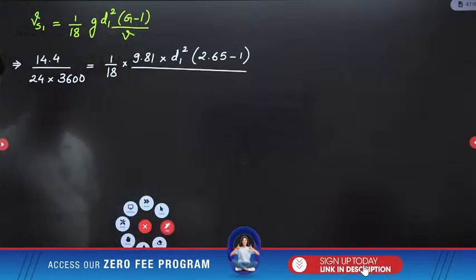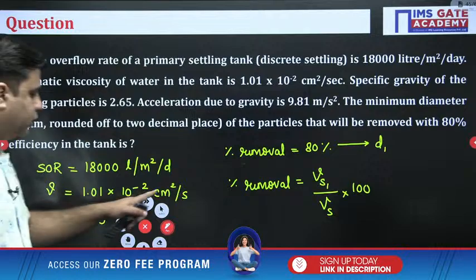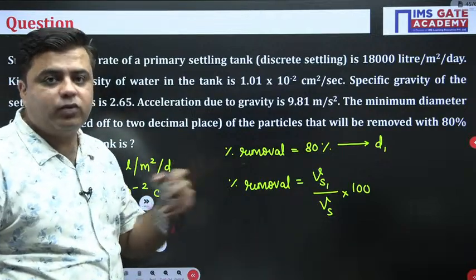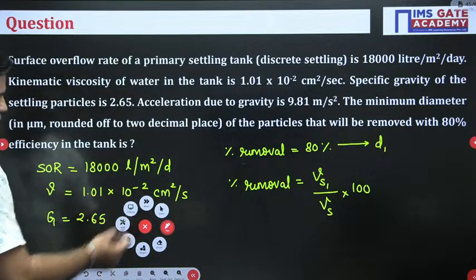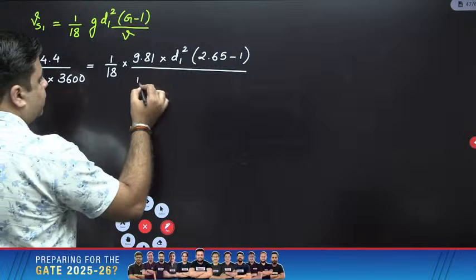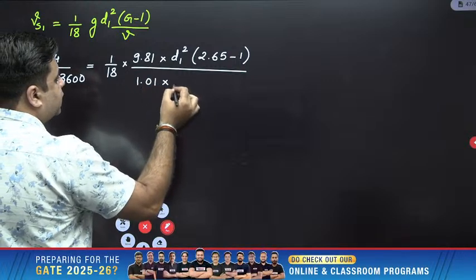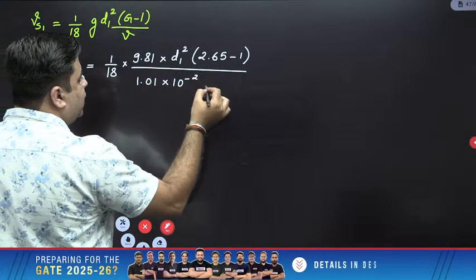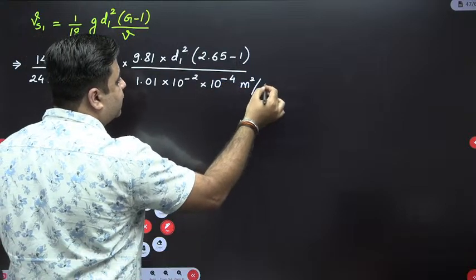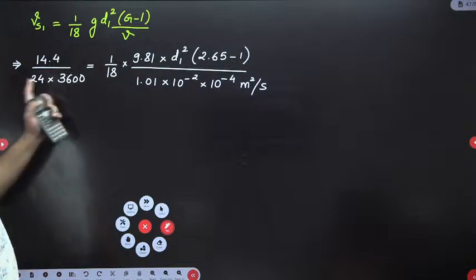Nu is given in centimeter square per second, so convert this into meter square per second. This is 1.01 into 10 raised to power minus 2 into 10 raised to power minus 4 meter square per second, right?